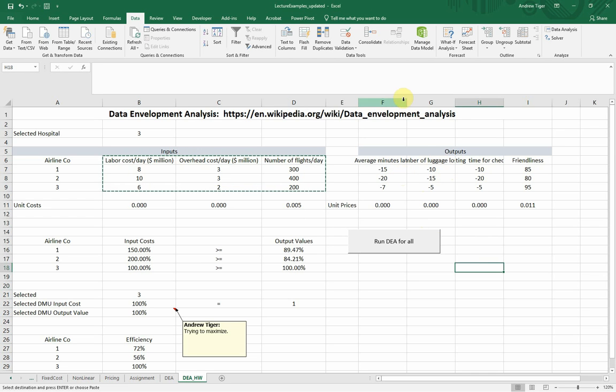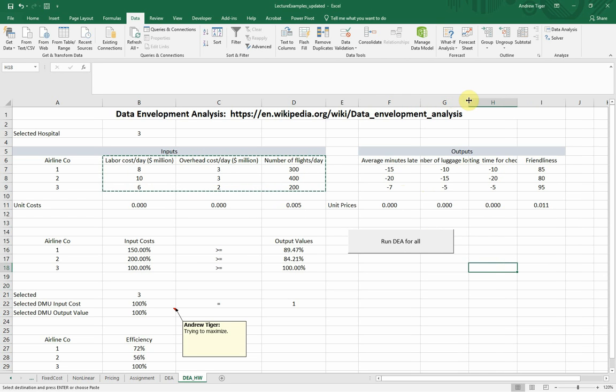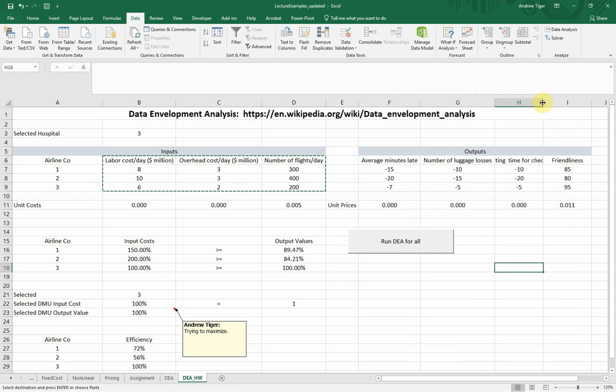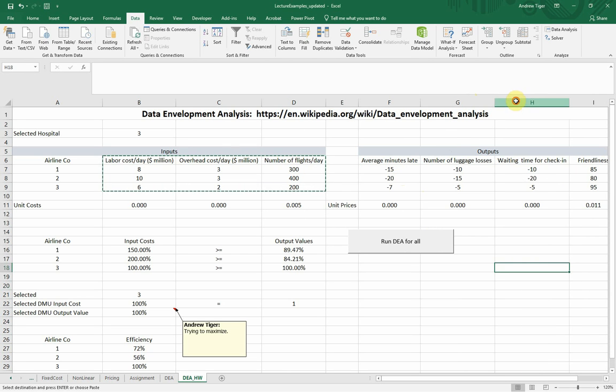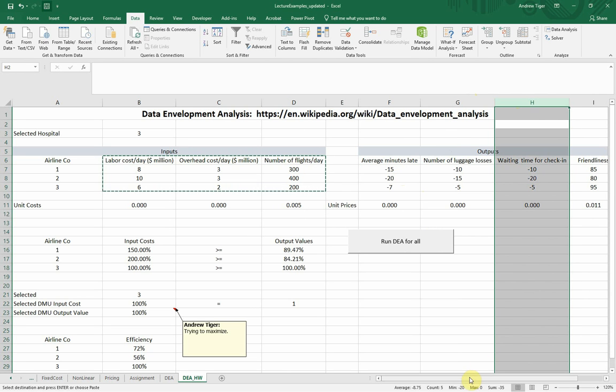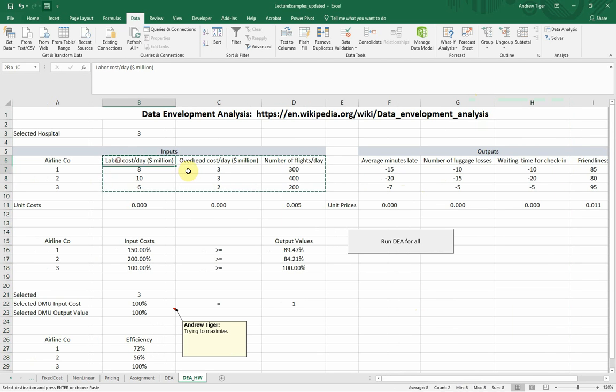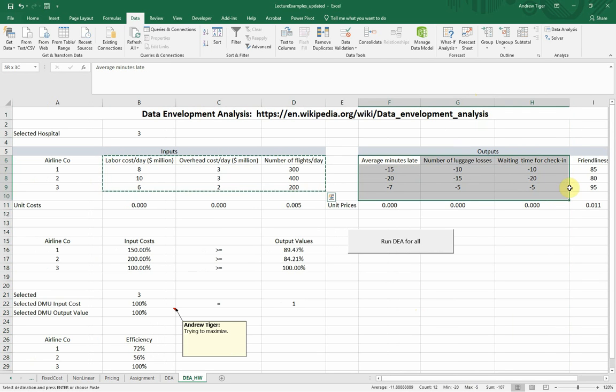We had 3 originally, and so I inserted a column in between, not on the end, and then did another copy, paste special, transpose. So these become the inputs. These are my outputs, and remember how this is set up is on the outputs positive.